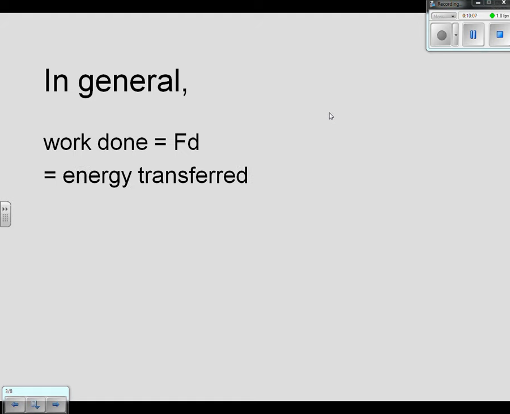And that's equal to the energy that's transferred. If you do work, that energy is transferred and becomes the kinetic energy of the object. Could we call that delta EK?